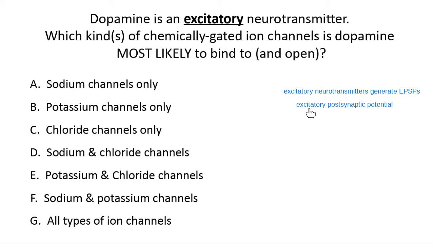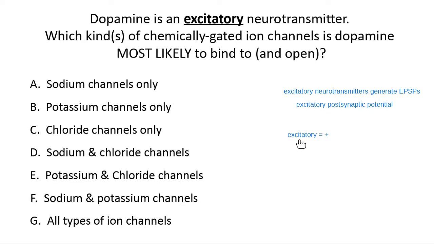This excitatory part right here, does that mean that my membrane charge goes up or goes down if I have an excitatory change? Yeah, excitatory equals positive, a positive change.